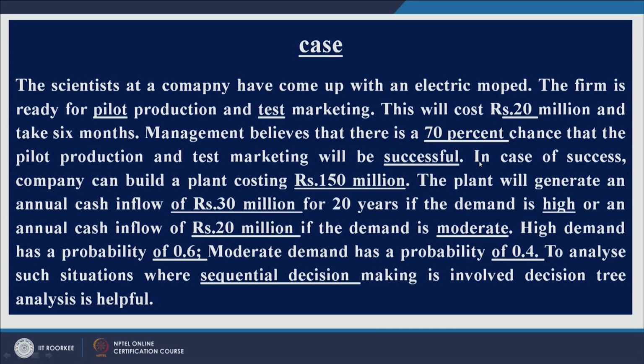Suppose these two things, pilot production and test marketing, are successful. Then the company will have to start manufacturing this particular product. In that case the plant would cost 150 million. When the probability is 0, there is no need of starting any plant.